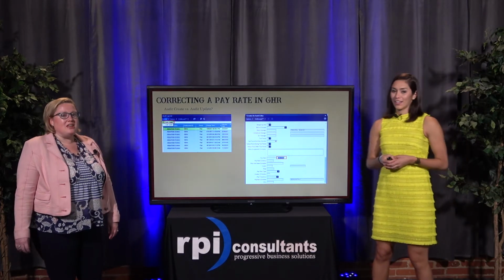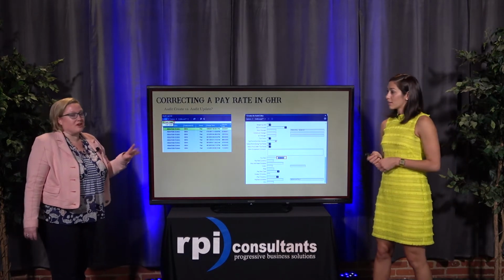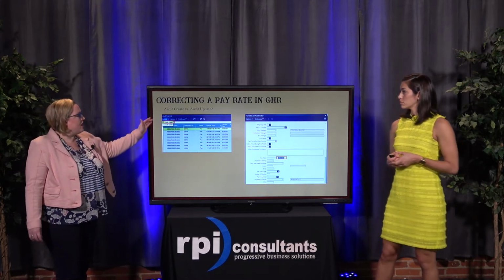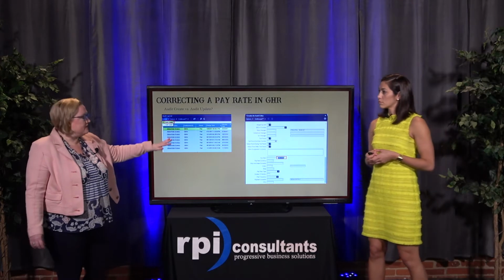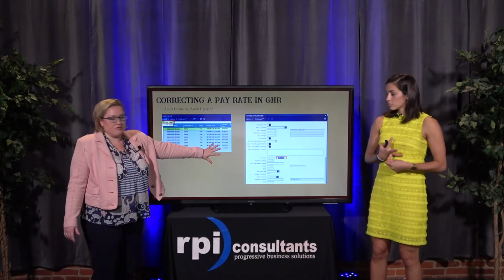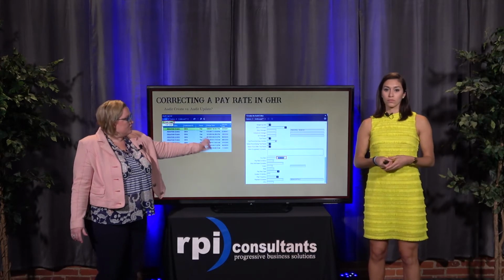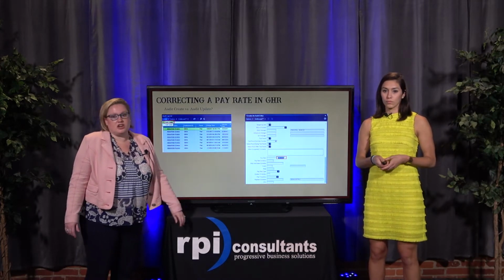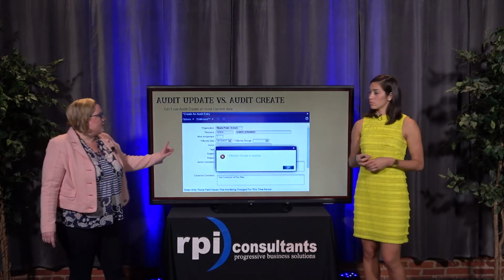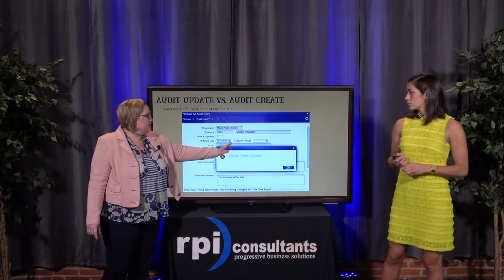Yep. And actually, before we do what I really recommend, this is another way you might think of: oh, I'm going to go into the audit log and do an audit create, because audit create opens up every field in that row for you to make changes to. So you put in your new change rate, and then you try to save it, and you get this first error message that says you need an effective date through.